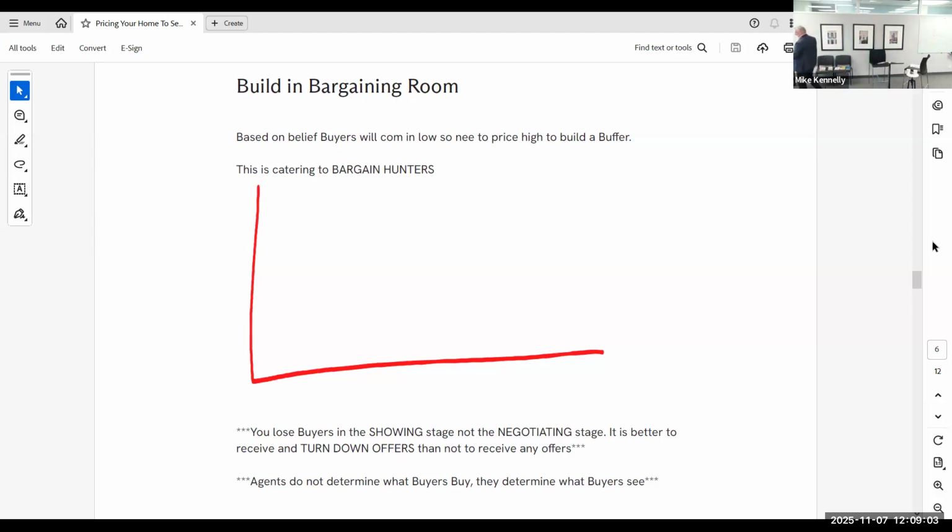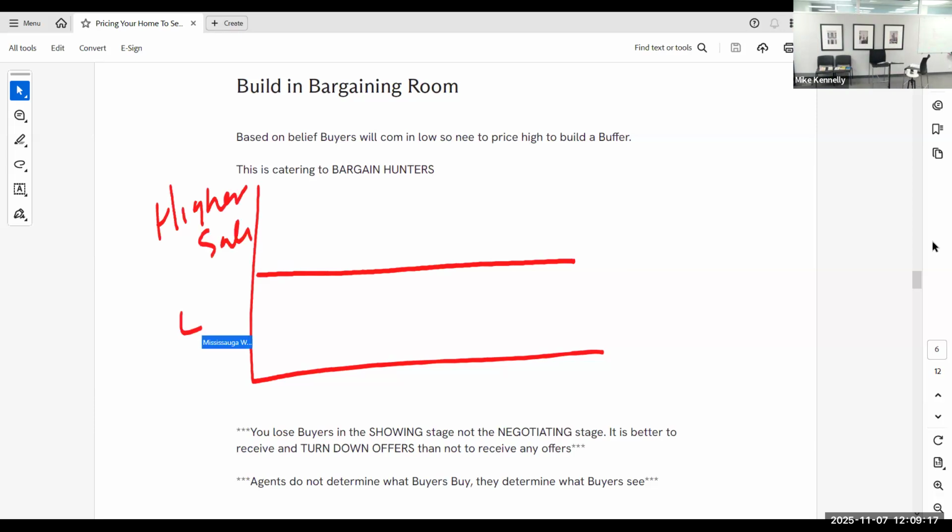What does this look like? A bargain hunter doesn't care about this thing right here. So we got two axes. We got higher sales price, lower sale. And this is market value, okay? MV, market value.